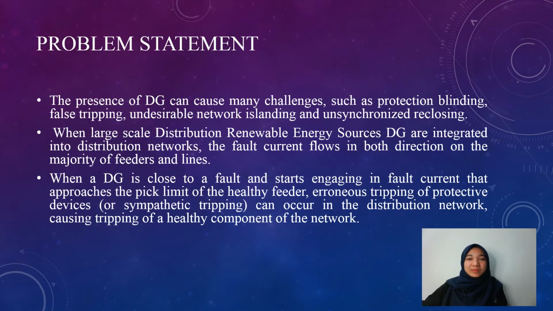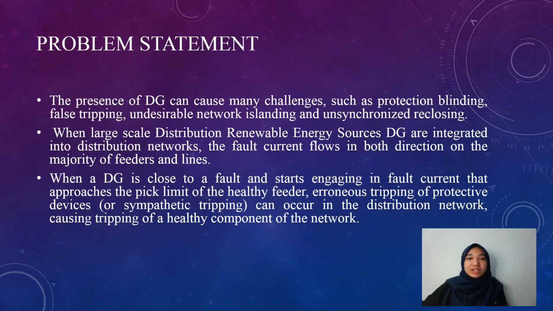For the problem statement, the presence of DG can cause many challenges such as protection blinding, false tripping, undesirable network islanding, and asynchronous reclosing. When large-scale distributed renewable energy source DG are integrated into the distribution network, the fault current flows in both directions of the majority of feeders and lines.